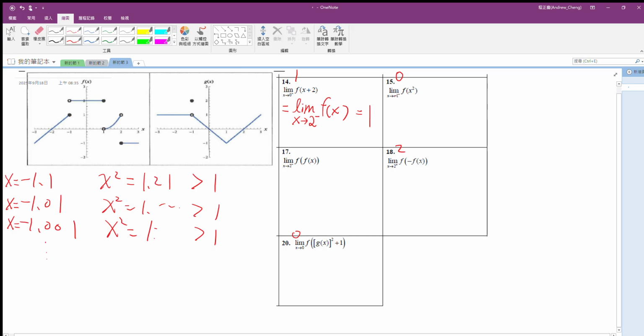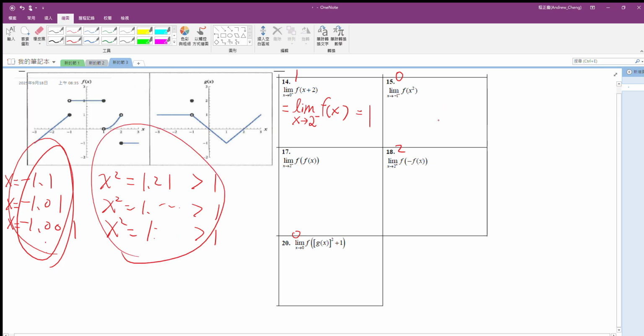So when x approaches -1 from below, x squared approaches 1 from above. So that can be the limit as x approaches 1 from above of f of x, right? You see from 1.21 becoming 1 point something, but greater than 1.